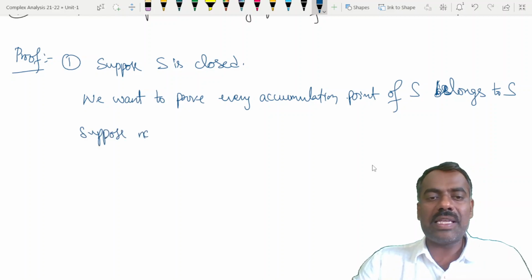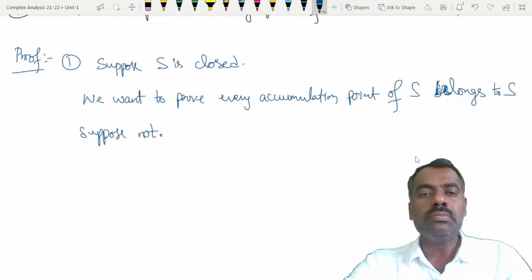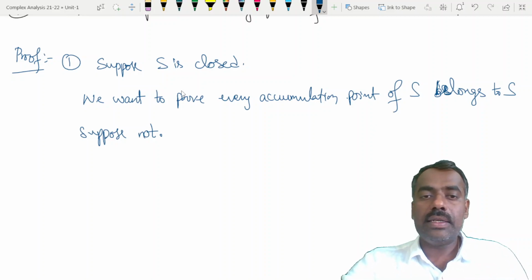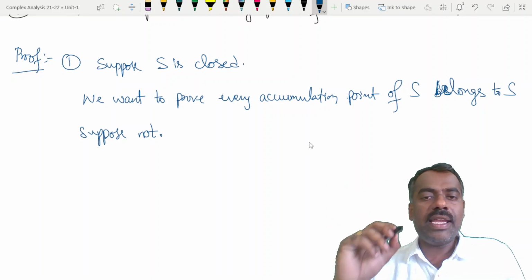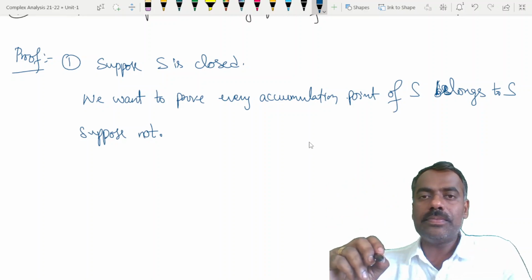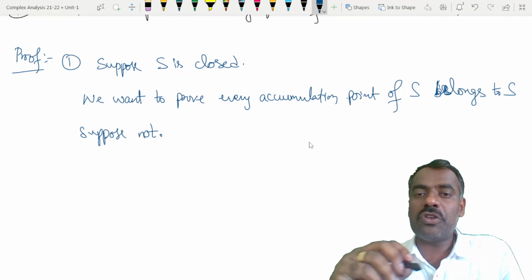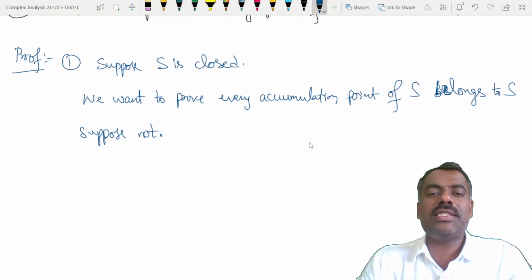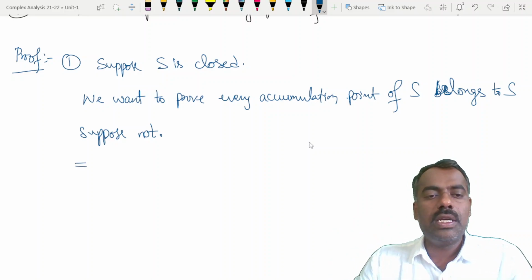What is meant by saying this is not true? When this statement is false, there exists at least one accumulation point which does not belong to S. Is that clear?